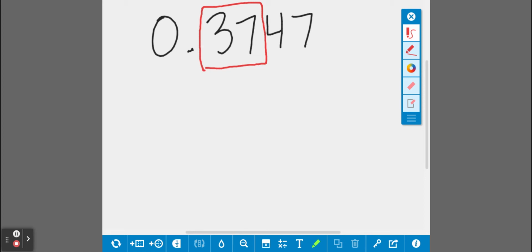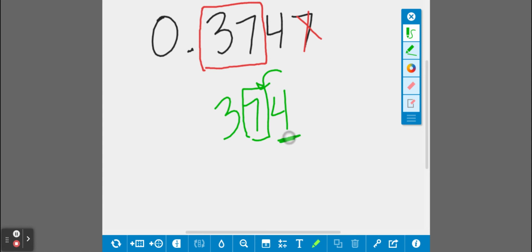So if this is what you would get in your calculator, we're going to pretend we don't even care about that one. I just want you to think about looking at 374. If we were just doing regular old 374, don't worry about the decimal, and I said I want you to round it to the nearest 10, we're going to look at who's knocking on the door.